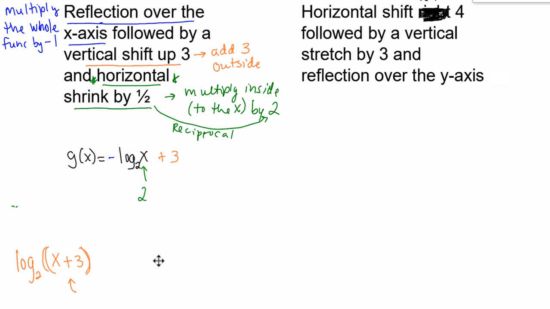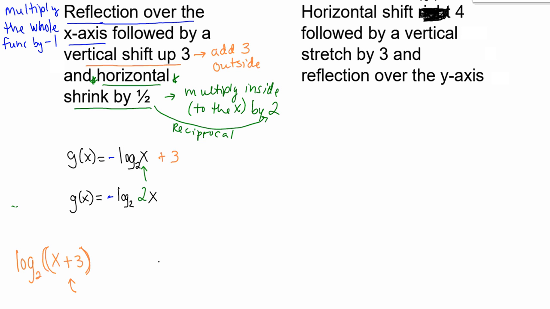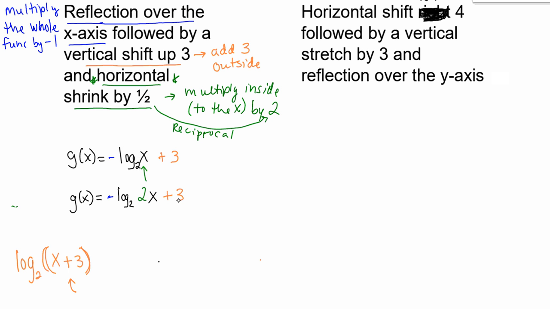G of x equals negative, then you'll have log with the little 2, x, we have that negative out in front, and we have that plus 3.